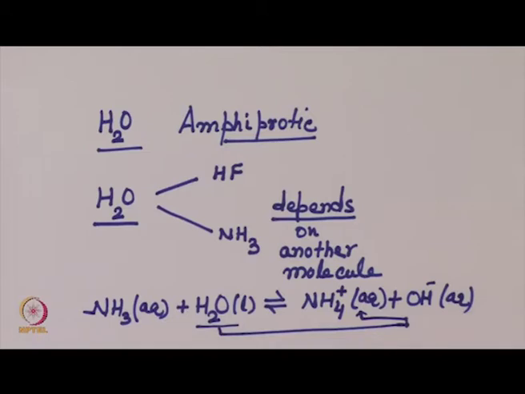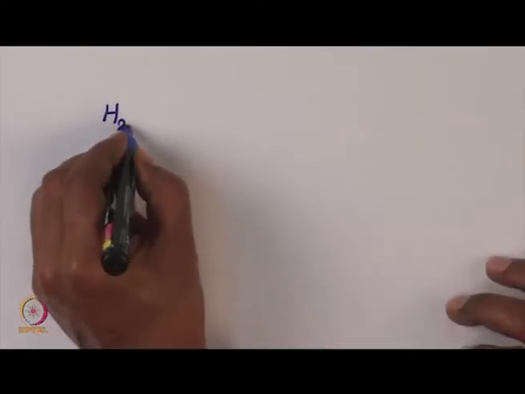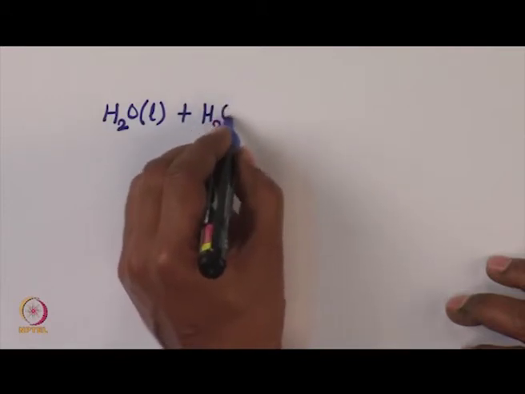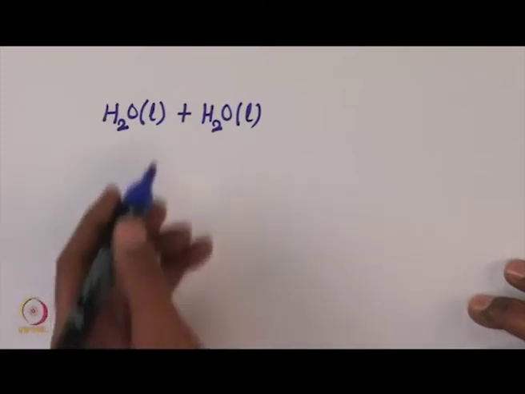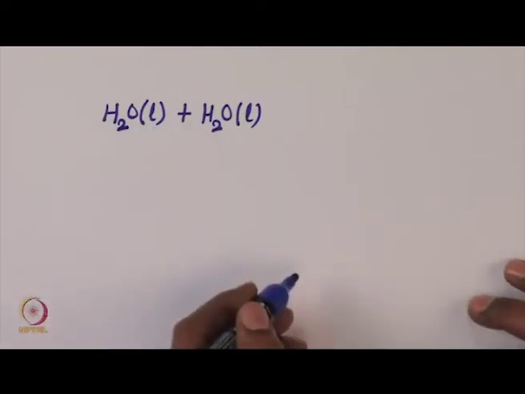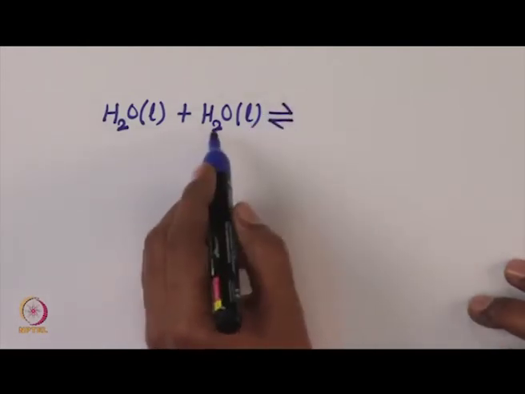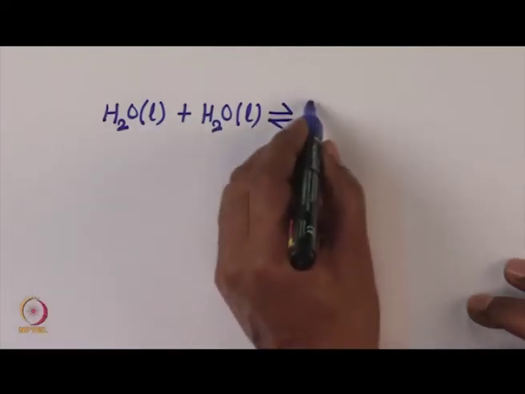And that is what I was talking to you, that water is amphiprotic. It can act as an acid or it can act as a base. Let us take water liquid plus water liquid. Water itself can act as an acid or as a base, because water can accept a proton or water can donate a proton.